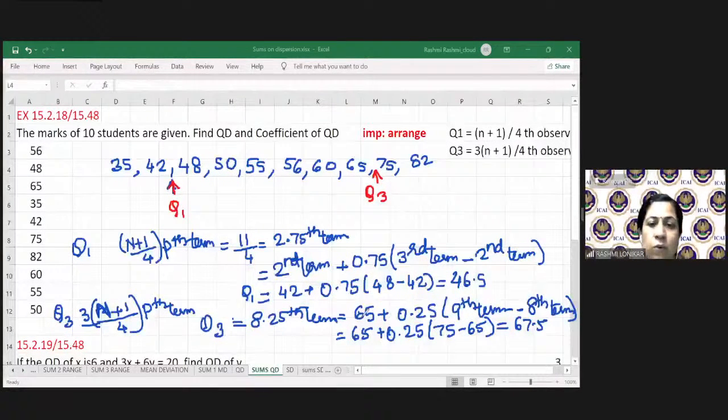So how much did I get for Q1? Q1 was 46.5 and Q3 is 67.5. Okay, 46.5 and 67.5. So can you tell me how much QD will be? Yes, answer.